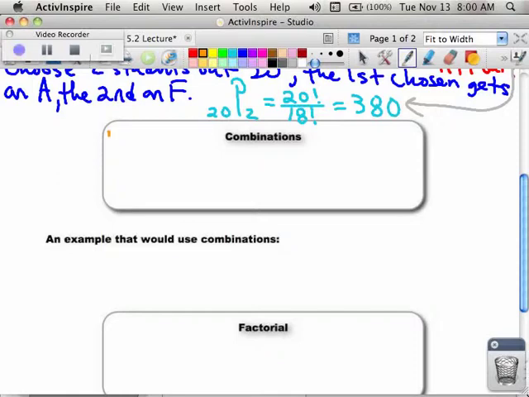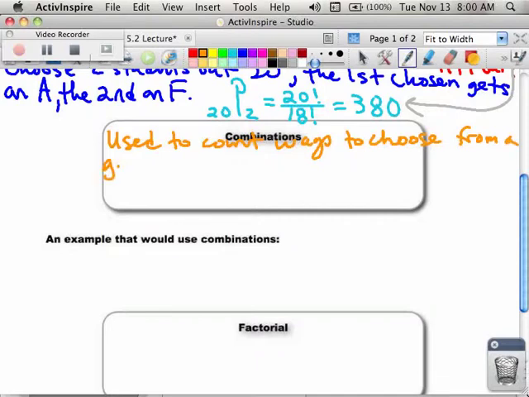So this is used to count ways to choose from a group when order does not matter.